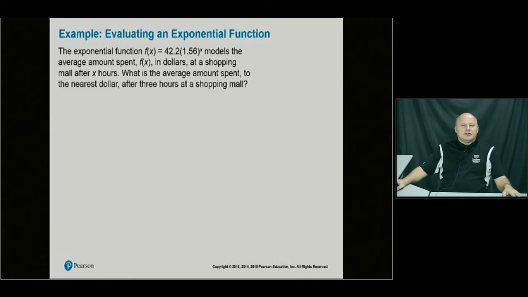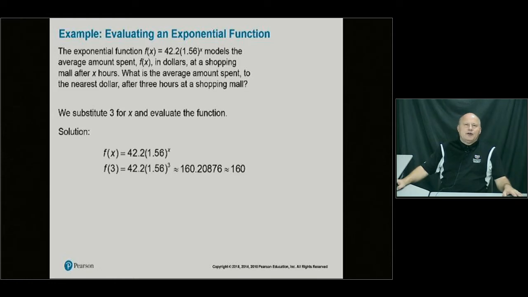So that formula models, in other words, what they're basically saying is if you want to know how much money is typically spent at a shopping mall, plug in the number of hours you've been at the mall for the x. In this case, they want to know what it would be at 3 hours. So we substitute 3 in for the x and evaluate the function. So you don't need a calculator.